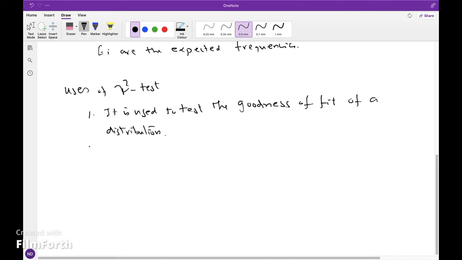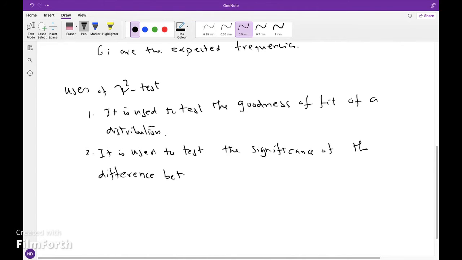Second, it is used to test the significance of the difference between the observed frequency and the expected frequency.